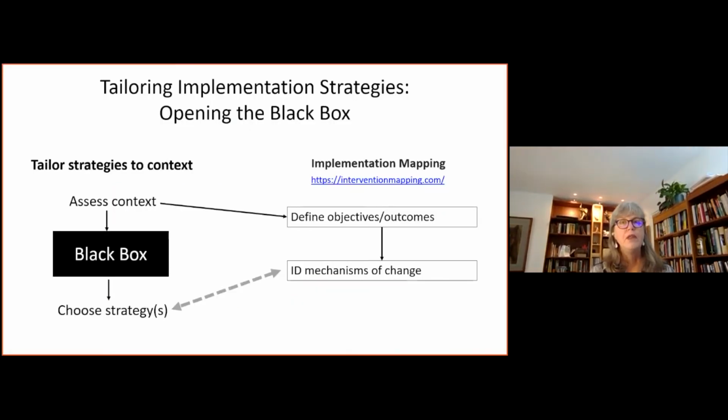One of the important things in creating a strategy for implementation is to tailor the strategies for your particular context. So there's a general approach of assessing context and choosing your strategies. But a lot of times it's a little bit of a black box about how exactly you choose strategies.